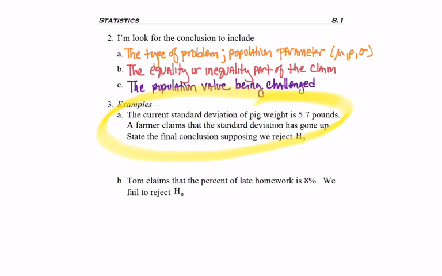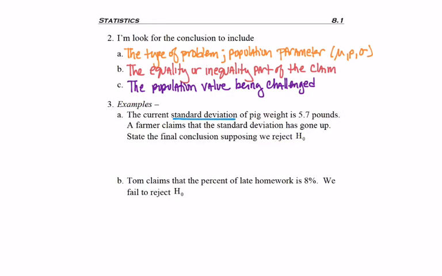So let's look at this example right here. Problem 3a. The current standard deviation of pig weight is 5.7 pounds. Who knows? I made this one up. A farmer claims that the standard deviation has gone up. State the final conclusion. Well, if you remember, when we look back at the problem, we first need to know where the claim was.